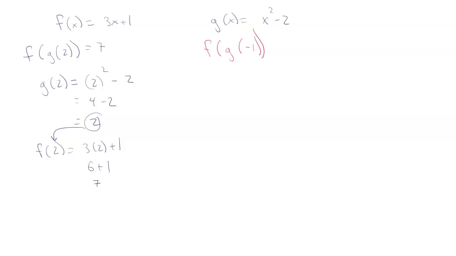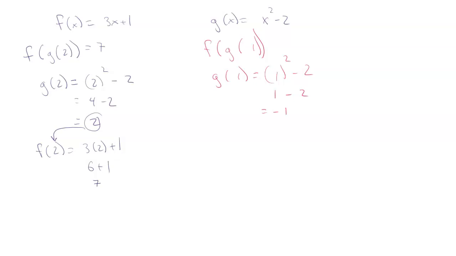So again, I'm going to take g of negative 1. So this will be negative 1 squared. I just realized I'm going to pick a different problem because it's going to give me the same answer. Let's change this from a negative to a positive. Make it very easy. Okay, so we're going to plug in 1. 1 squared minus 2. So 1 squared is 1, minus 2. And so this will give you negative 1.